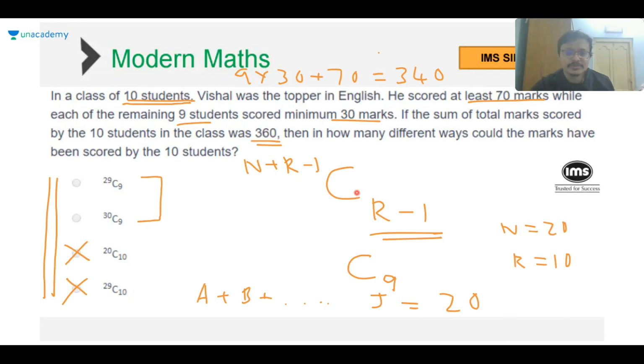So N plus R minus 1 is 29, R minus 1 is 9. So it is 29 C9, which means option A is the answer. Is this clear?